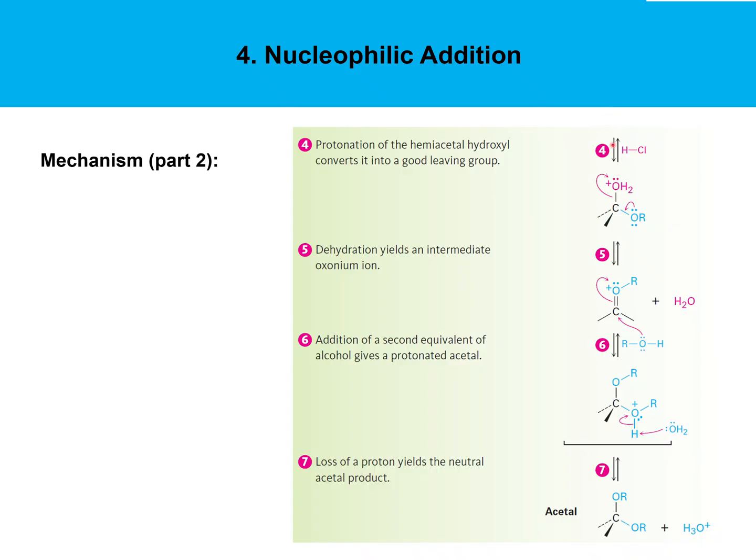Once you protonate the hemiacetal or hemiketal, you get this intermediate, which basically has the oxygen of the alcohol protonated as a water molecule. It's a good leaving group, and so we can push it out by using the lone pairs on the alkoxide. Remember, the alkoxide is what we get when the alcohol adds to the carbonyl. That lone pair will push out the water molecule to give you this intermediate.